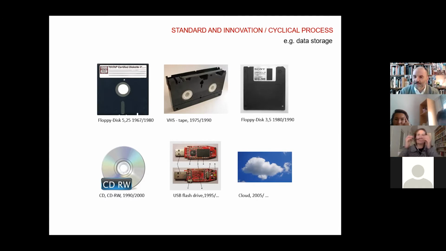Then the floppy disks that were recording video and data up to 3.5, so an incredible dimension and quantity. Then the CD-ROM, then the USB flash drive, and today the cloud. So today it's not physical, but anyway, it's data storage. So the idea of data storage is completely changing. And the question of storing data is exactly the same, but how to do it is totally changing.